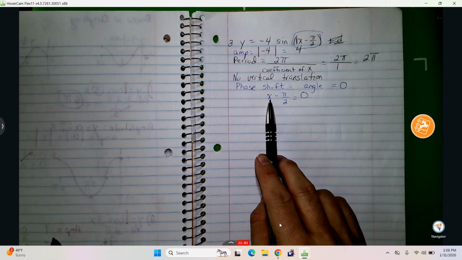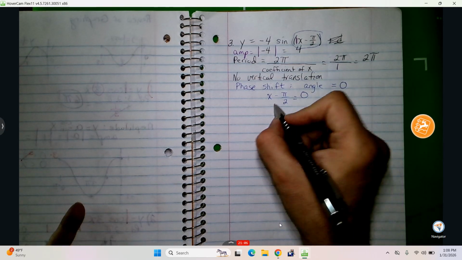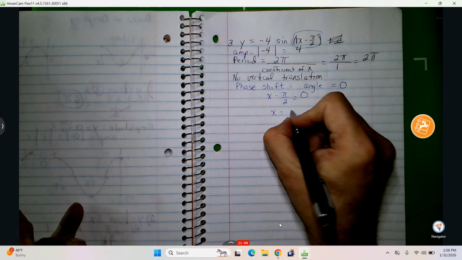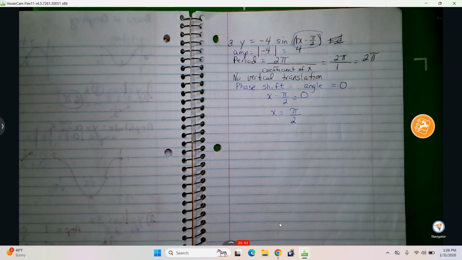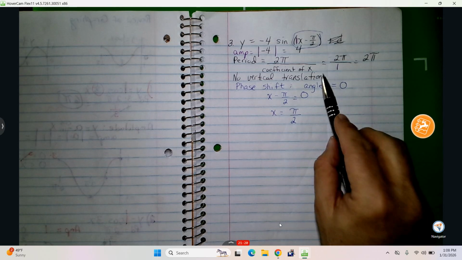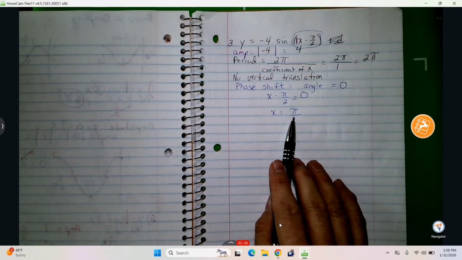What would I do to solve for x? I would need to move the pi over 2 over. Just like a vertical translation, you have to say up or down, depending on whether it's a positive or negative number. With phase shift, you need to say right or left, depending on whether it's a positive or negative number.